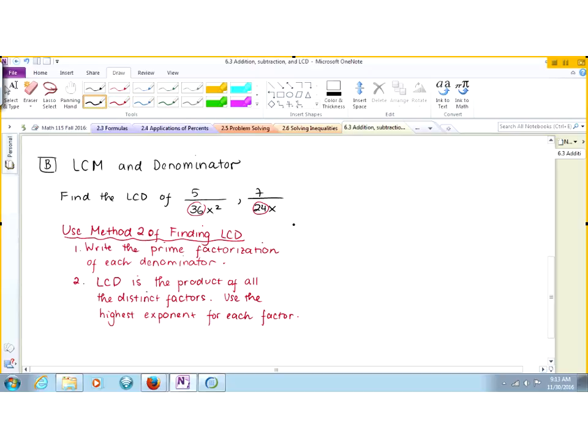So 36 and 24, that's pretty big. So 36, I'm just going to write it as the prime factorization. What about 36? 6 times 6. 6 is 2 times 3, 2 times 3. So 36 is 2 squared times 3 squared.